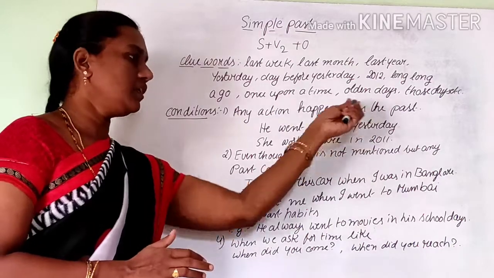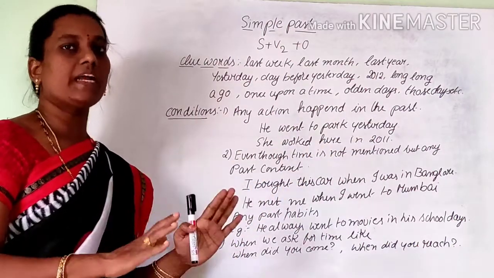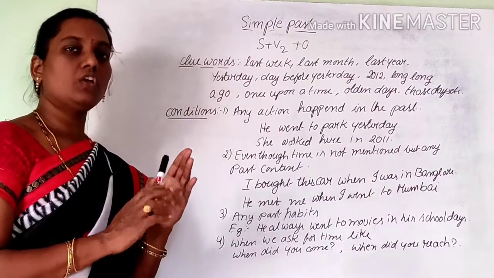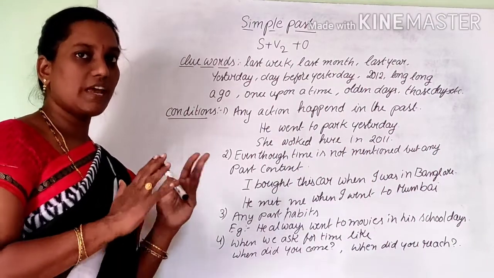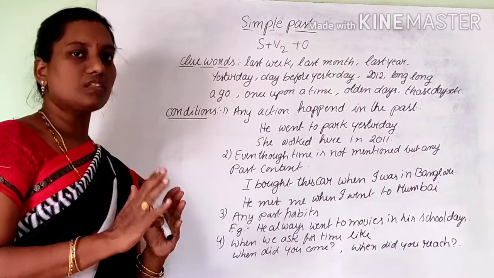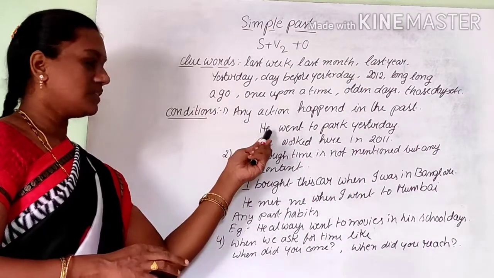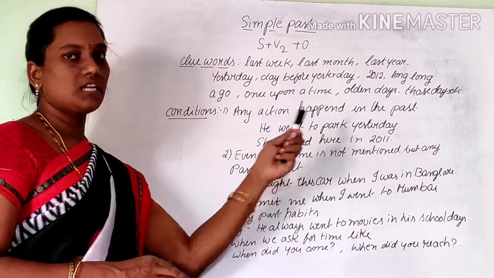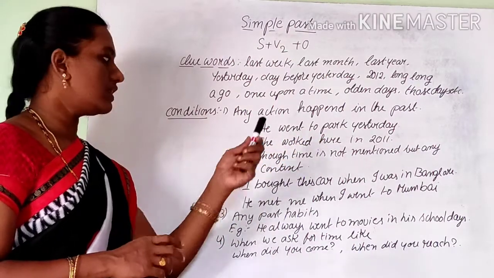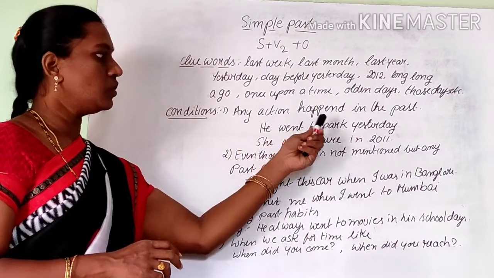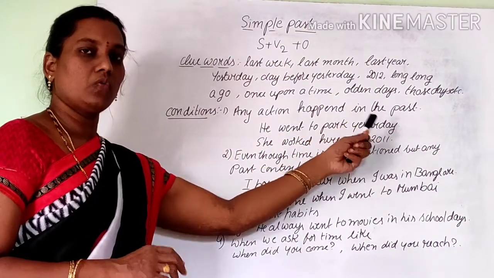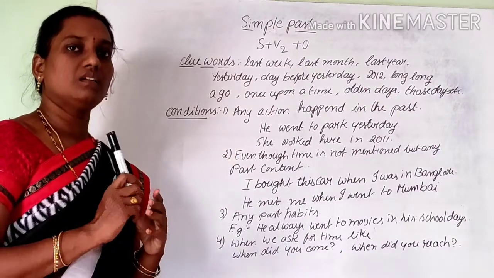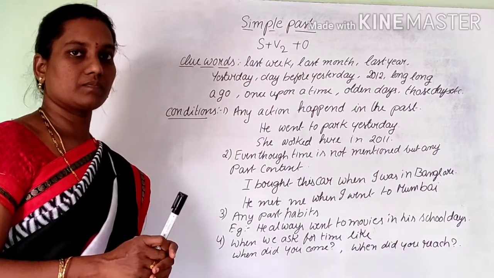This yesterday denotes that the action is already completed, so the action should be in simple past. See the structure, whether the example follows it or not. He is the subject, went is V2, park is the object. So here we have subject, V2, object and a time clue, so that we can understand that this sentence is in simple past.